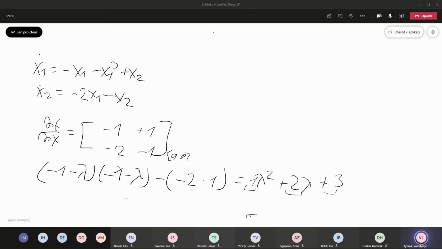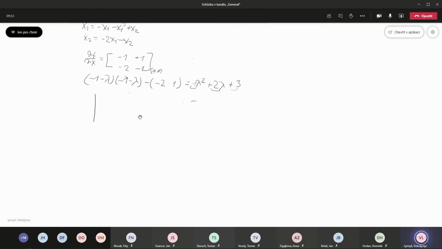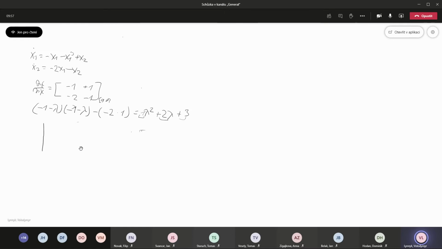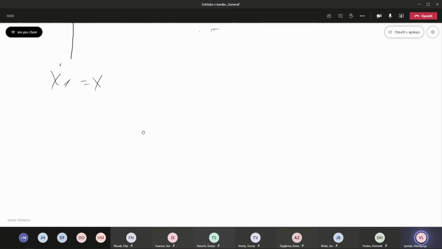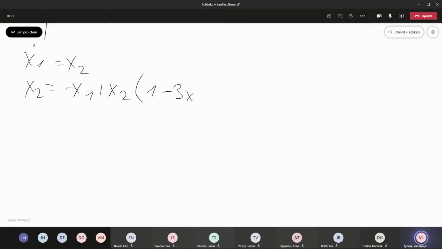Okay, the second one: x1 dot is equal to x2, and x2 dot equal to minus x1 plus x2 times 1 minus 3x1 squared minus 2x2 squared.